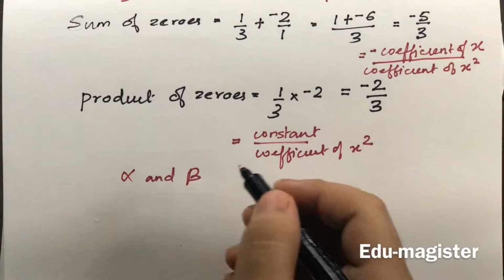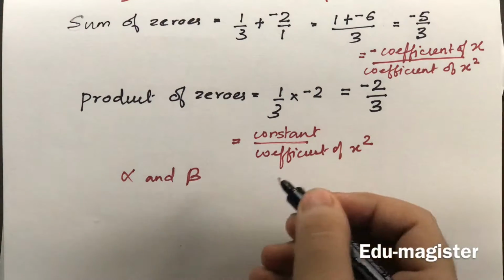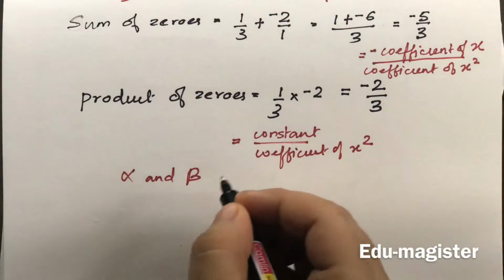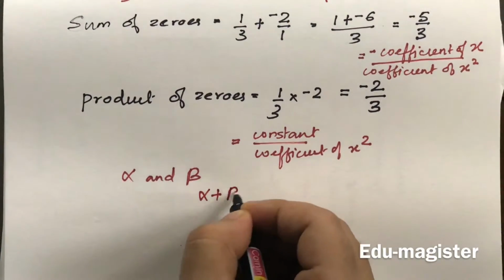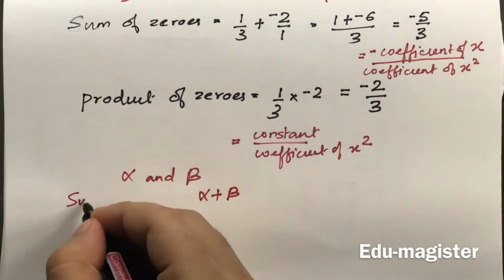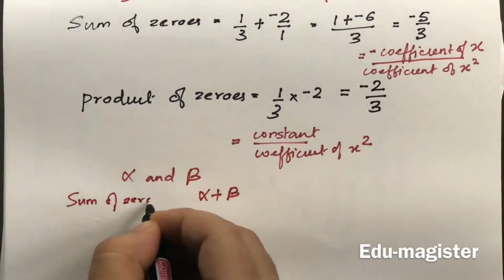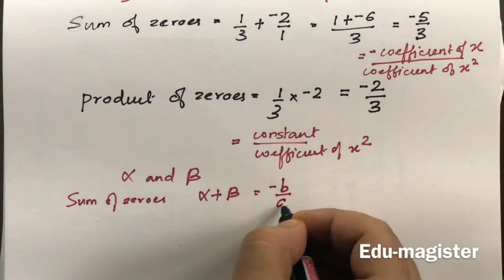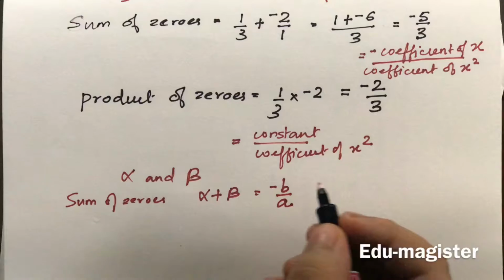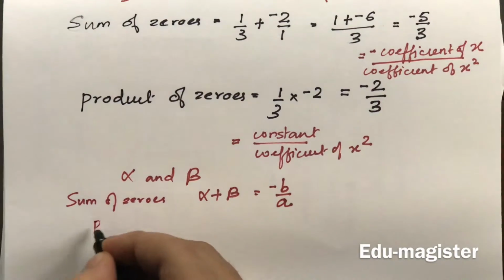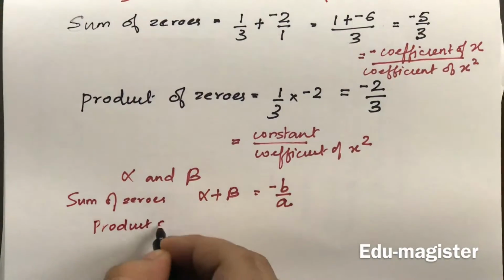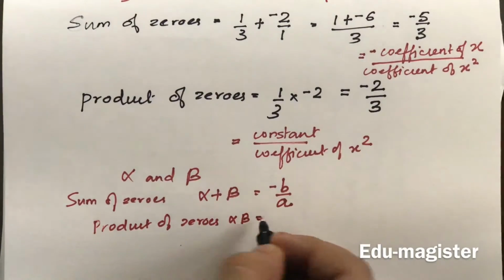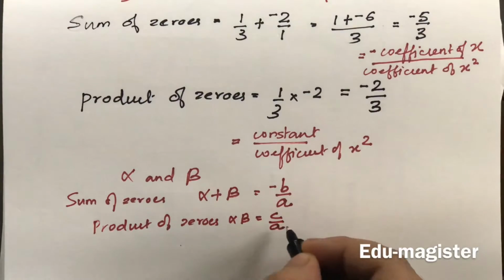So, in general, you can say that if alpha and beta are zeros of any quadratic polynomial, alpha and beta are Greek terms. So, if alpha and beta are the zeros of any given quadratic polynomial, then you can say that alpha plus beta, that is sum of zeros, is given by minus b by a, and product of zeros, that is alpha into beta, is given by c by a.